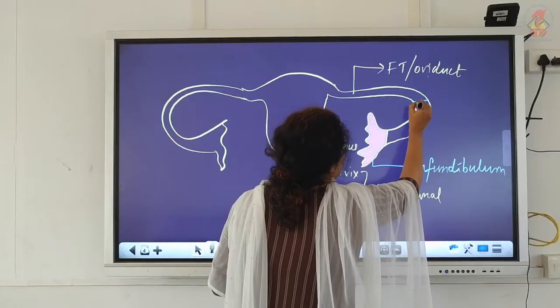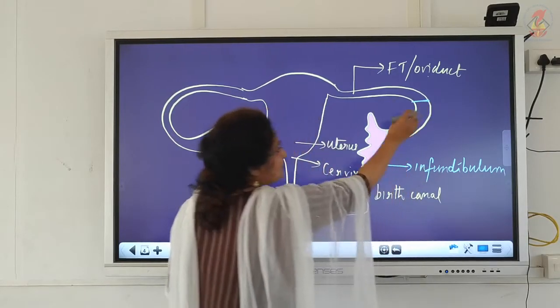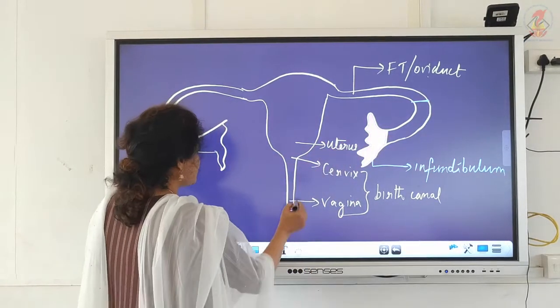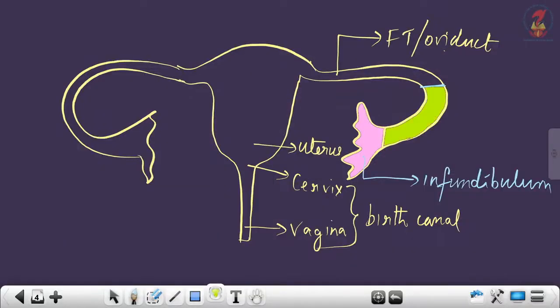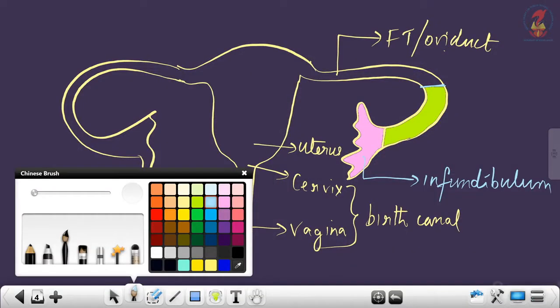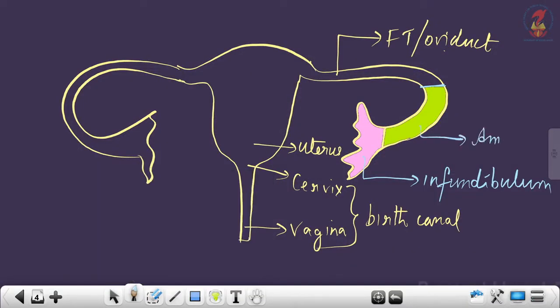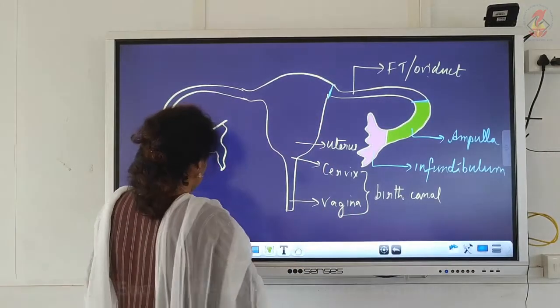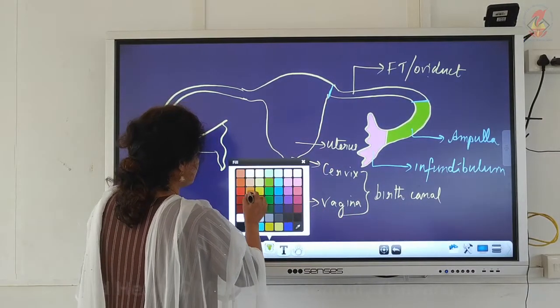Next, the bend of the oviduct, which is slightly bulged, is called the ampulla. And the last region, which is a tube nearly 10 to 12 centimeters long, is called the isthmus.